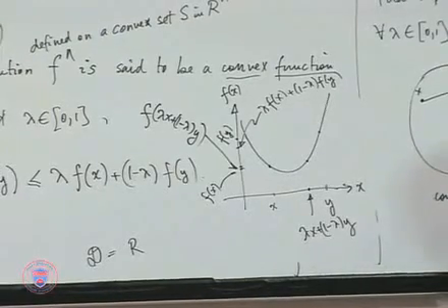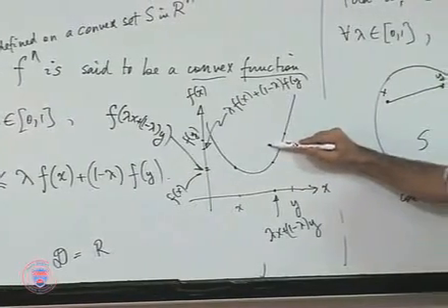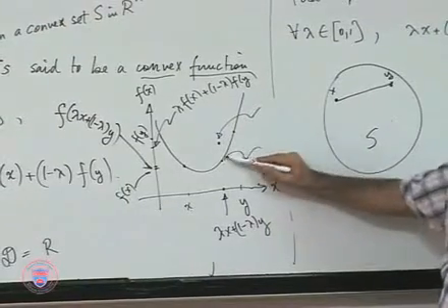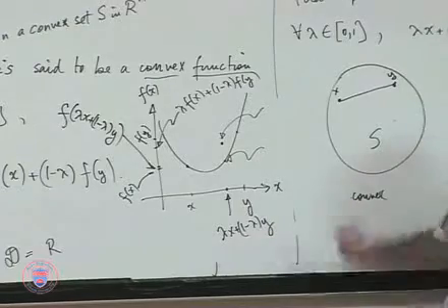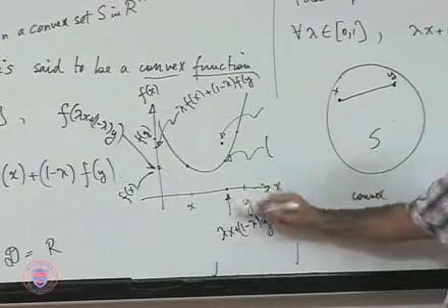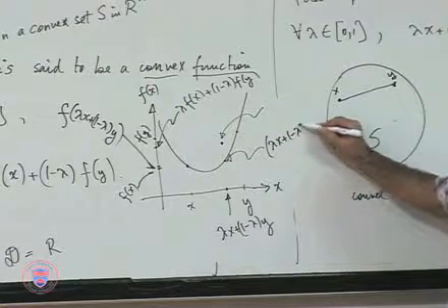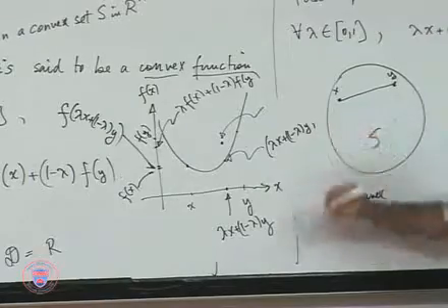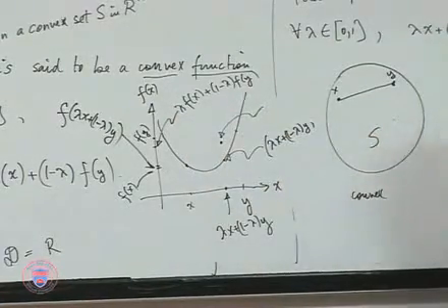And then you look at this point here. What point is this? That's the point whose x-coordinate is lambda x plus 1 minus lambda y. What is the second coordinate?